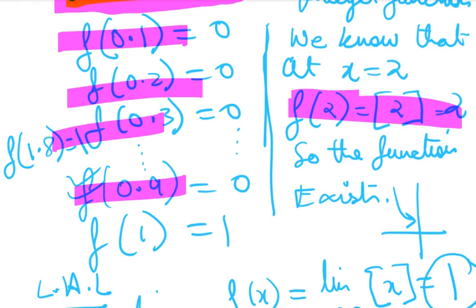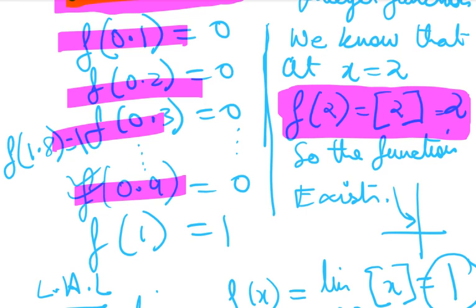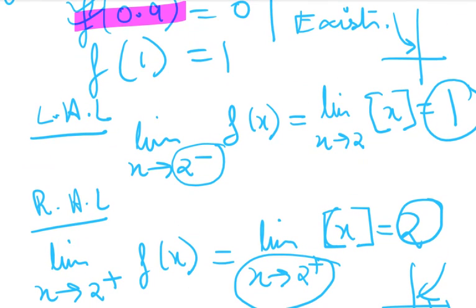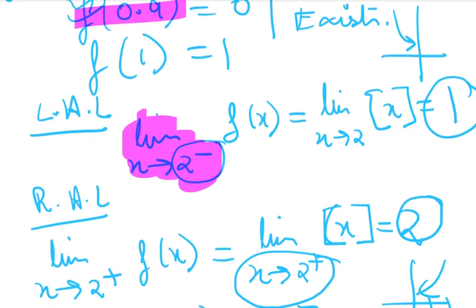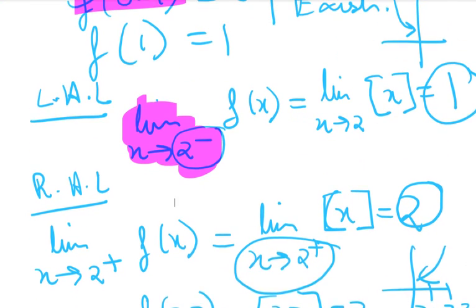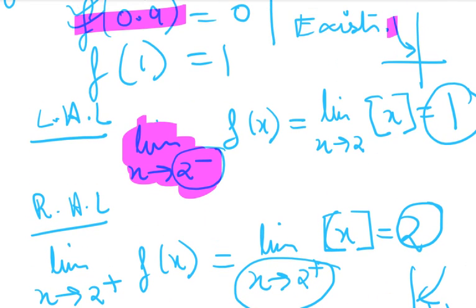So the function is existing at 2. That means the function will exist at all values. Now when you see the LHL, what is happening to the greatest integer function? The graph is approaching from the negative side.